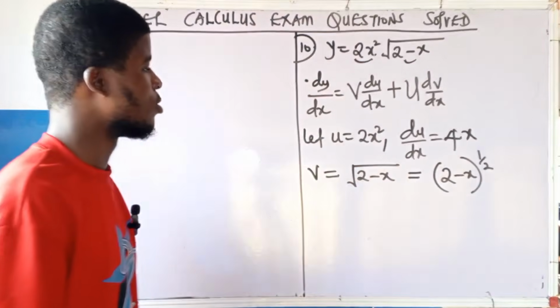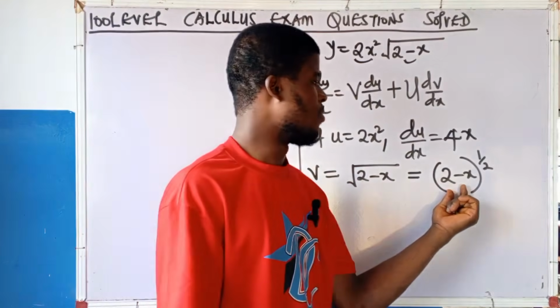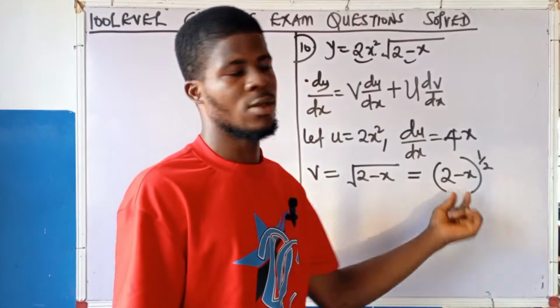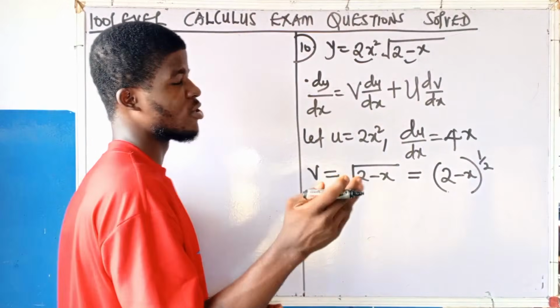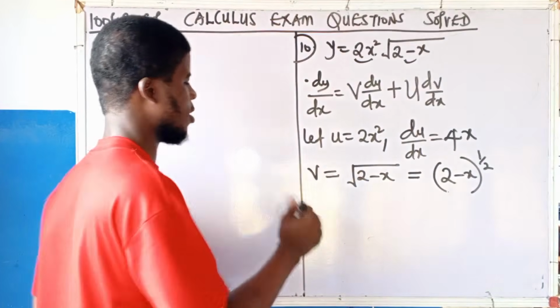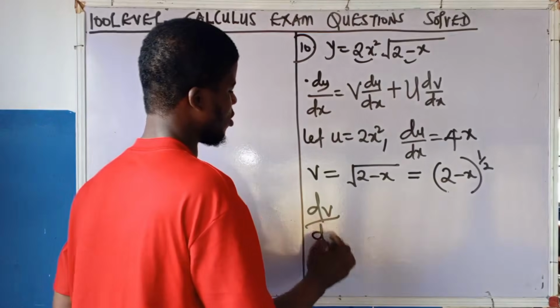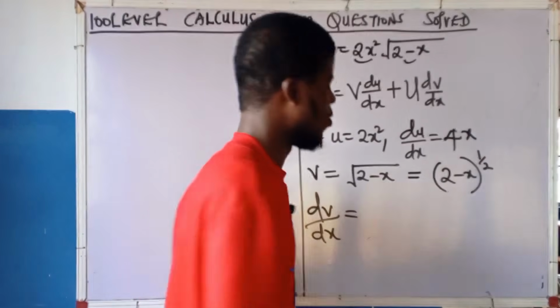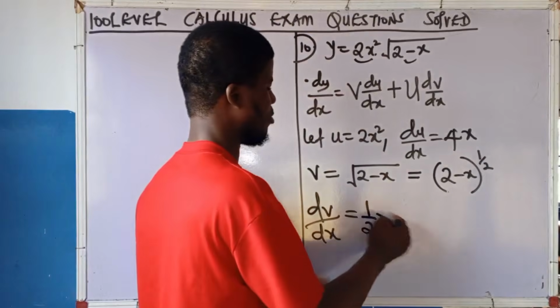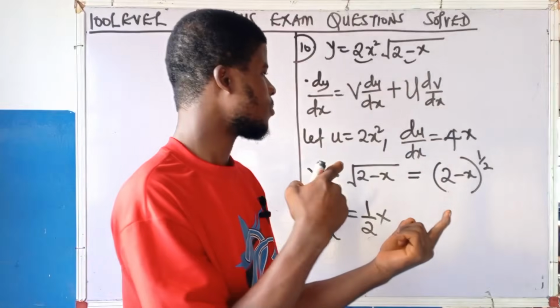Yes. So, to differentiate this function, I'm going to make use of the chain rule. You get it? But I don't want to go through the hassle of using the chain rule formula or using the shortcut like I showed you earlier. So for dv/dx, using the chain rule principle now, I will say, what is the power? 1 over 2. Write it down. If you remember the shortcut I used earlier.